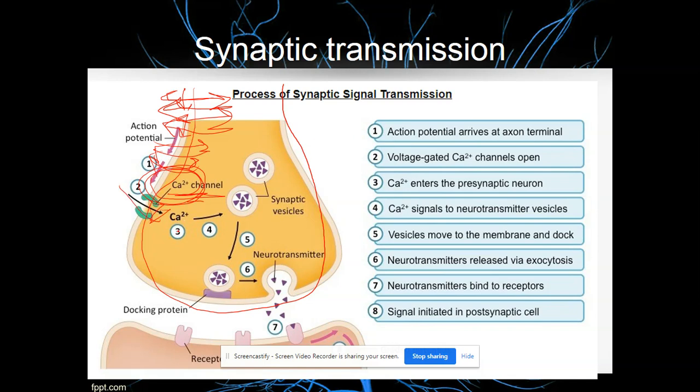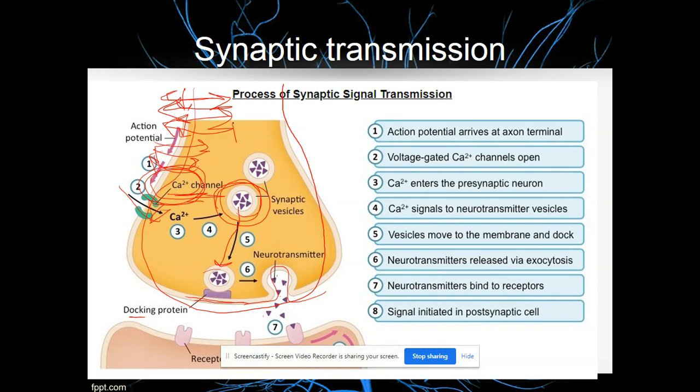And that calcium is going to signal these vesicles that have been produced by the Golgi apparatus to take their neurotransmitters and bind to or dock with the membrane at the very end of the axon terminal. Exocytosis is going to occur. The neurotransmitters in the vesicle are going to be released from the presynaptic cell.